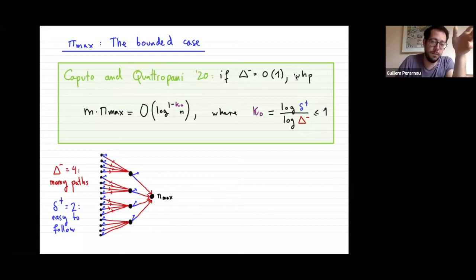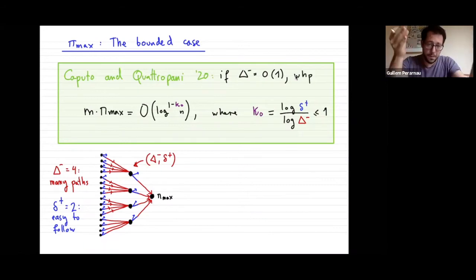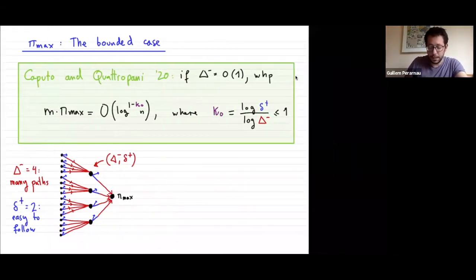Because you may have lots of paths, but if these paths have a lot of branching, then you're not going to be so popular. So there's a combination of two factors: having many paths leading to this vertex, and these paths being easy to follow. The easiest it can get is if you always have a profile of the form delta minus, small delta plus. This is the profile of the vertices in your neighborhood that will make you more popular, and if this is the case, then you get the pi max.